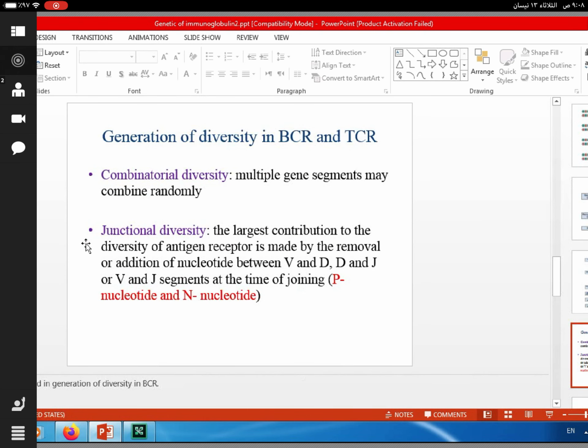And finally, junctional diversity. The largest contribution to the diversity of antigen receptor is made by the removal or addition of nucleotides between V and D, D and J, or V and J segments at the time of joining.